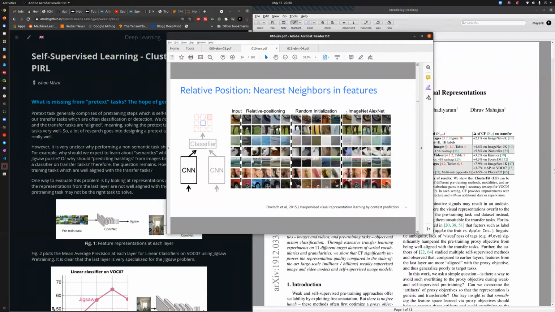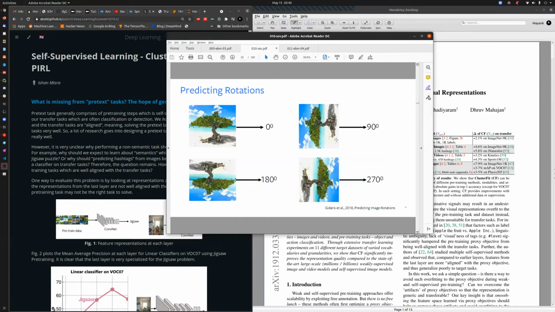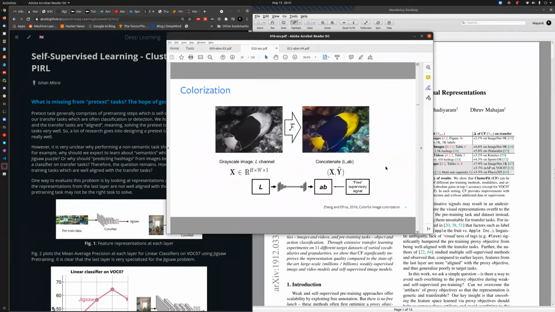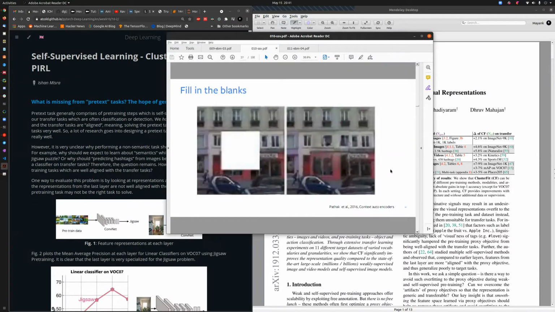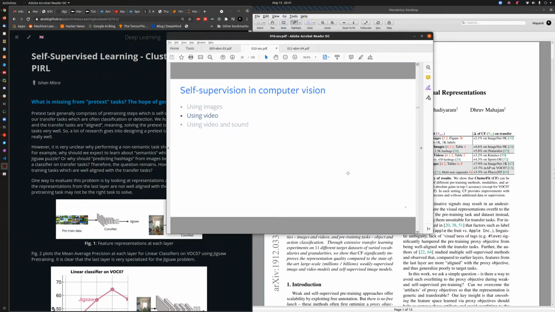So this was the input, the relative positioning, and the random initializations, and with respect to ImageNet, AlexNet. Yeah, this was simple. We discussed it last time. This was the pretext with respect to the rotations, on the predicting image rotations paper, then the colorization example which we discussed, then the image inpainting.